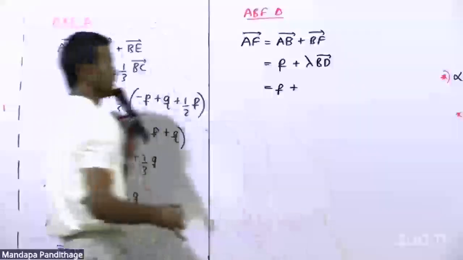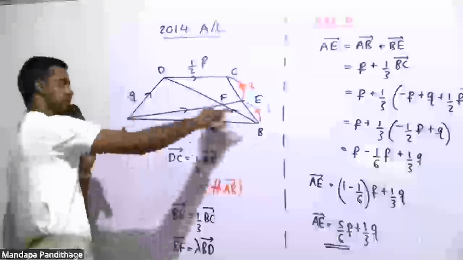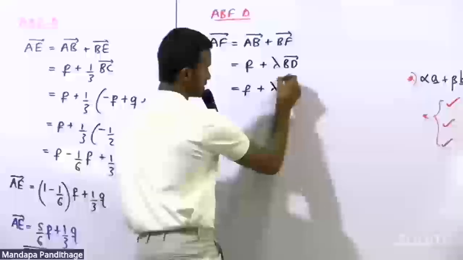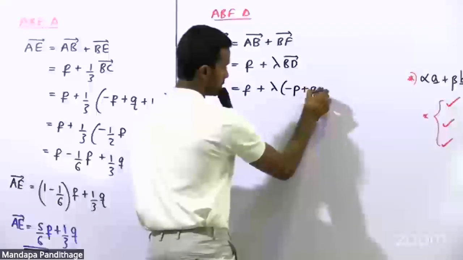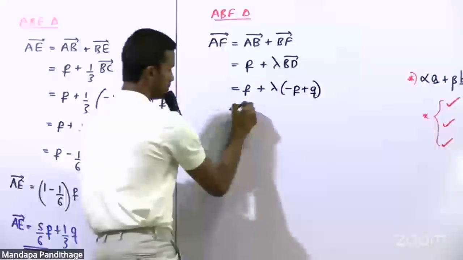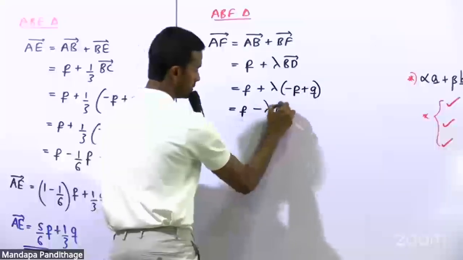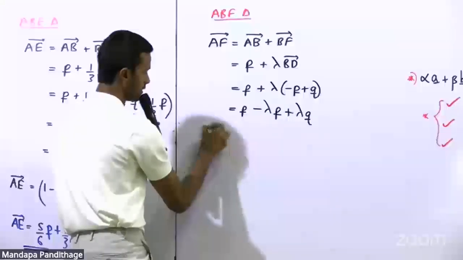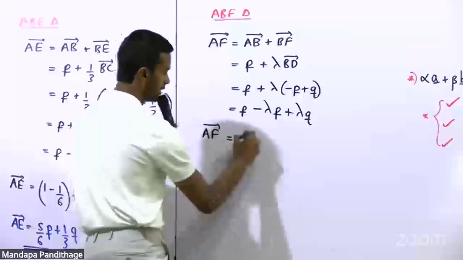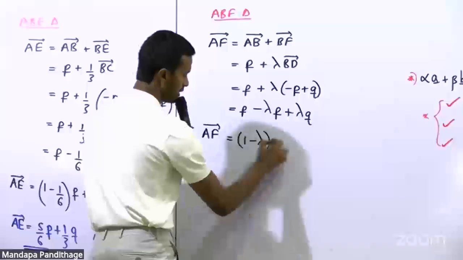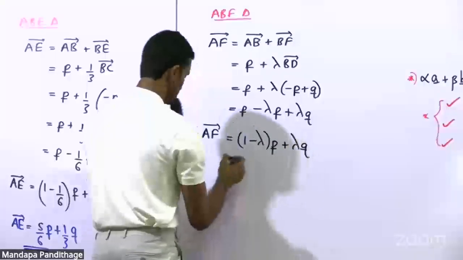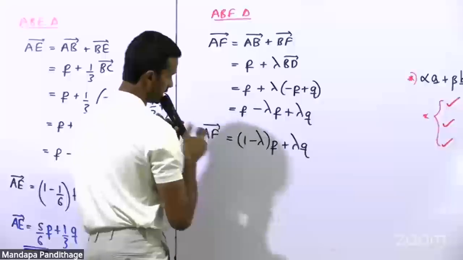BD is minus P plus Q. Then I get P minus lambda P plus lambda Q. Then I get that AF is equal to 1 minus lambda P plus lambda Q. So this is what I get as the vector AF.